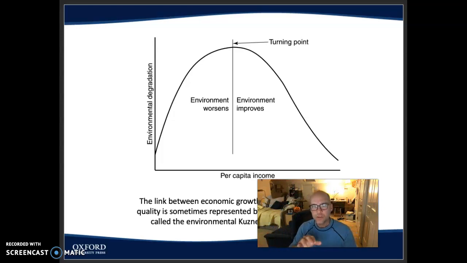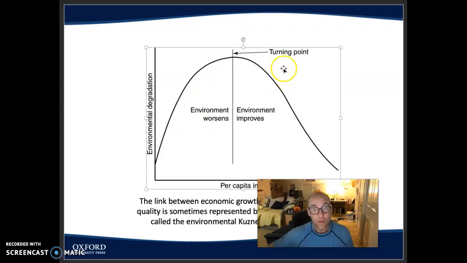So we see most pollution in the world today comes from the developing world, as they're on that left side of this graph here. And then on this right side is the developed world. So as these developing nations are moving through this growth, they're also, I guess, emitting higher levels of pollution.